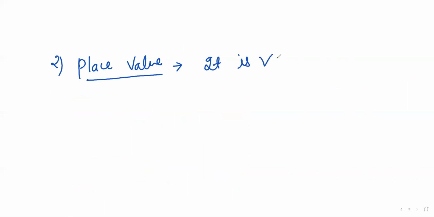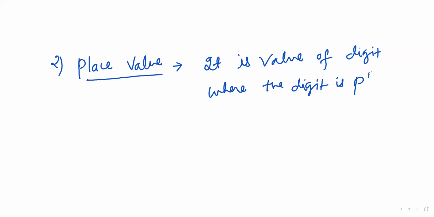It is the value of the digit where the digit is placed. That is, the place value of a digit changes according to the place.